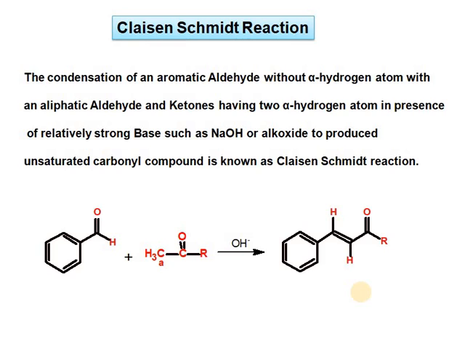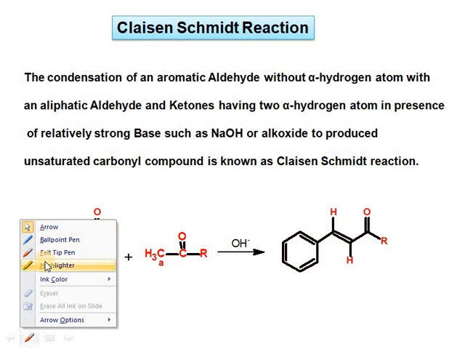This type of condensation involves an aromatic aldehyde without alpha hydrogen atoms and an aliphatic aldehyde or ketone having two alpha hydrogen atoms, in the presence of a strong base like NaOH or alkoxide, to produce unsaturated carbonyl compounds. This is called the Claisen-Schmidt reaction.